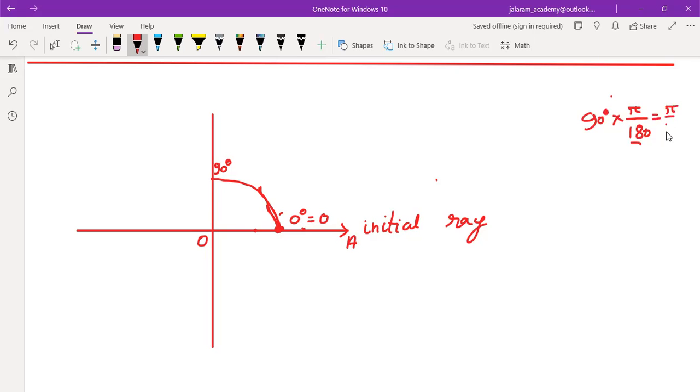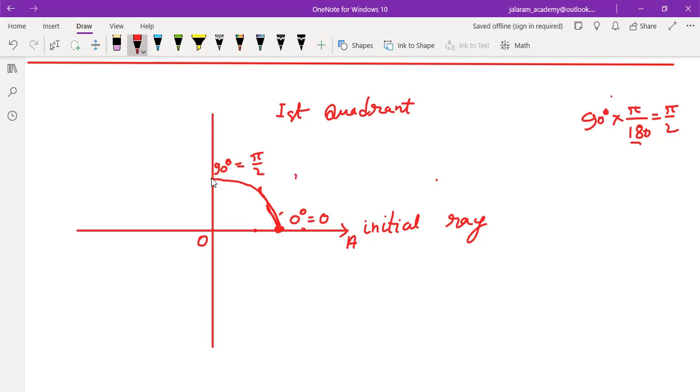So it is giving pi by 2. So this range of angle from 0 degree to pi by 2 goes in the first quadrant. It means all the angles which lie between 0 degree to 90 degree, or 0 to pi by 2 radian, will lie in the first quadrant.